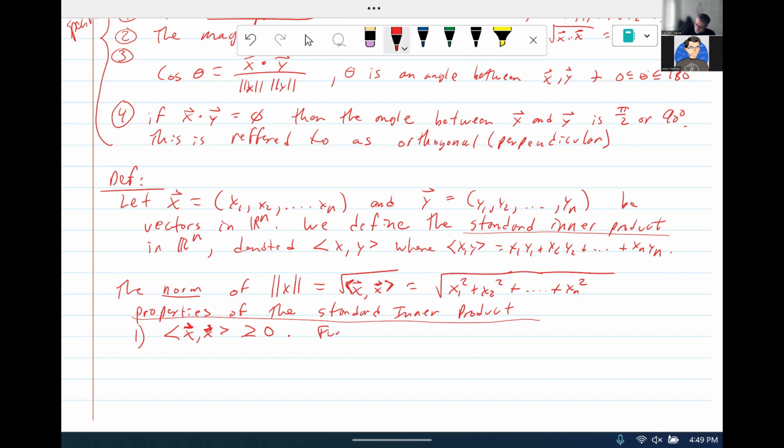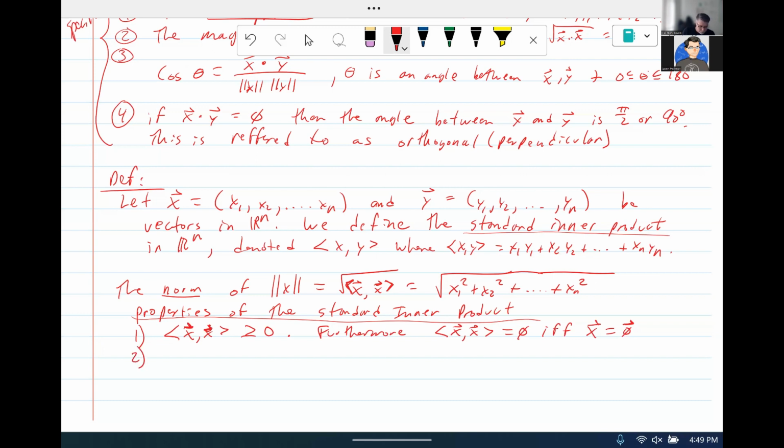Furthermore, the standard inner product of x with x equals 0 if and only if x was the 0 vector. It had to have been the 0 vector to equal 0. Otherwise, it's positive.